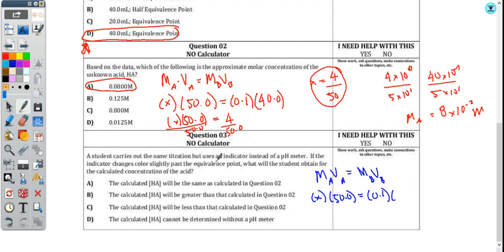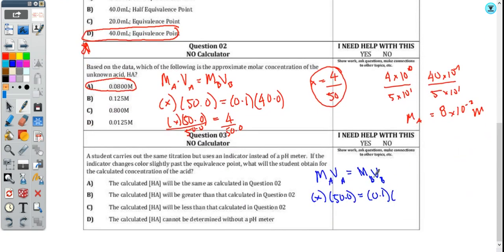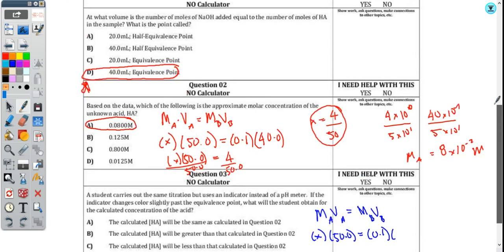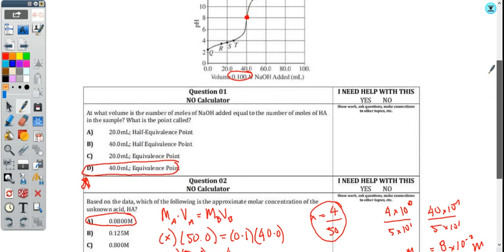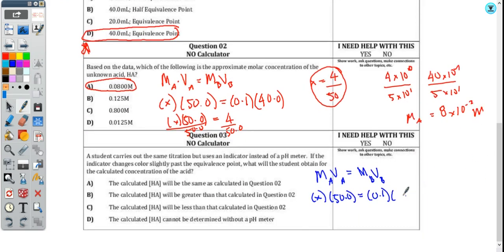If we are going past the equivalence point, the equivalence point is 40 mils. If it changes past, we're going to keep adding base until we get the color change, so we're going to actually add a little bit more. Usually when you go past, it's a little bit past, like 40.2, right? Or 41. But for the purpose of this, let's just say we totally lost it and I put in 50 mils of base.